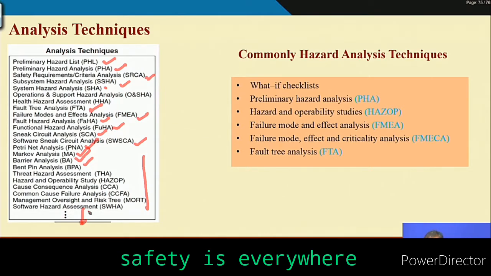the commonly used techniques I have come across so far: I have seen that the what-if checklist is heavily used, preliminary hazard analysis is used, HAZOP, failure mode and effect analysis, failure mode effect criticality analysis, fault tree analysis, and then event tree analysis.